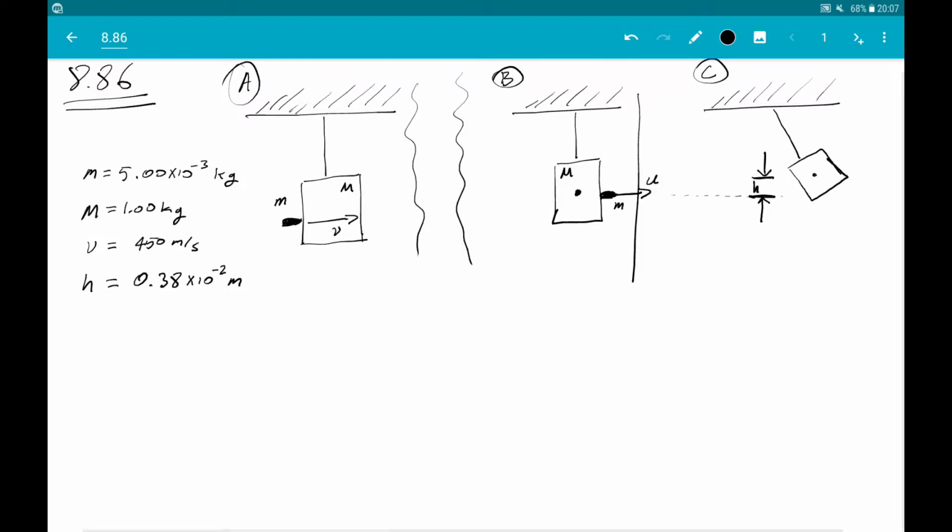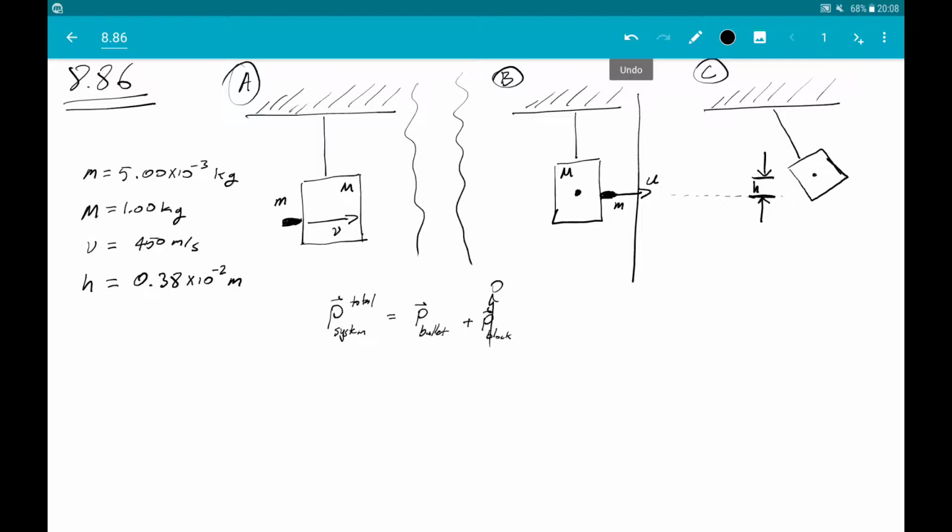So in state A, all the momentum is in the bullet. So total momentum in the system is equal to the momentum of the bullet only. I could put this here for the block, but this is 0.